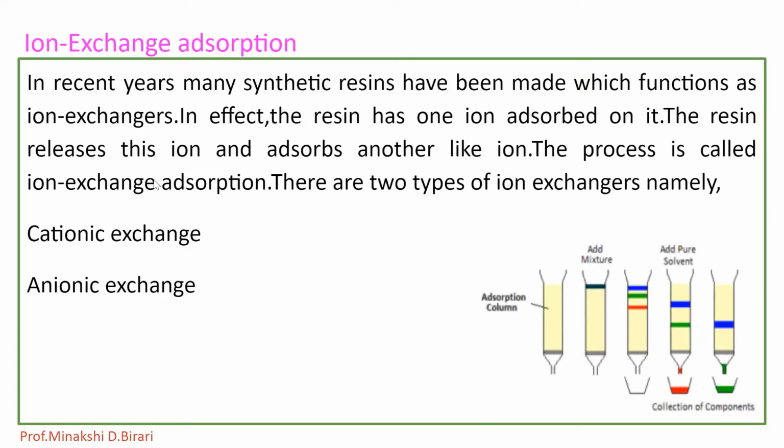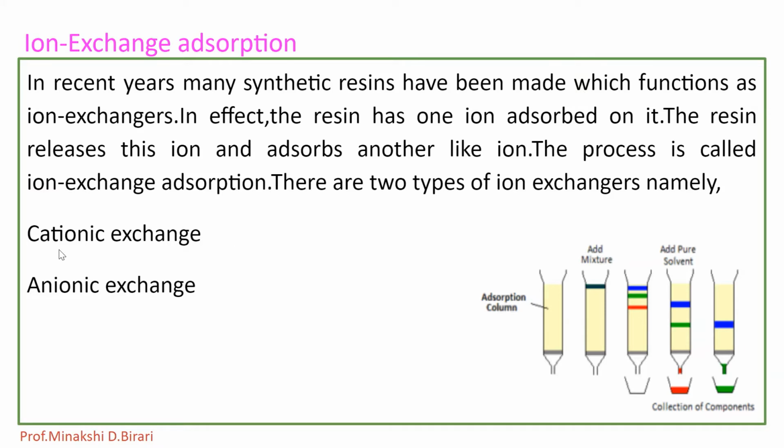When cations are exchanged, the resin is known as a cation exchanger. The cation exchangers are high polymers containing acidic groups such as the sulfonic acid group, SO3H. The resulting macroanion has adsorbed H+ ions. When a solution of another cation like Na+ is allowed to flow over it, the H+ ions are exchanged for Na+ ions.